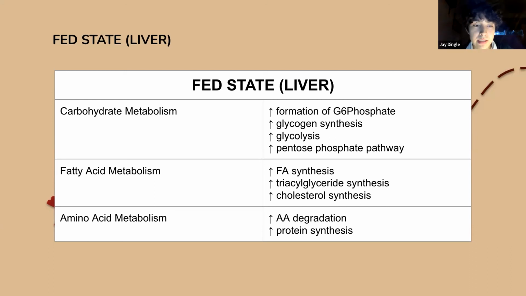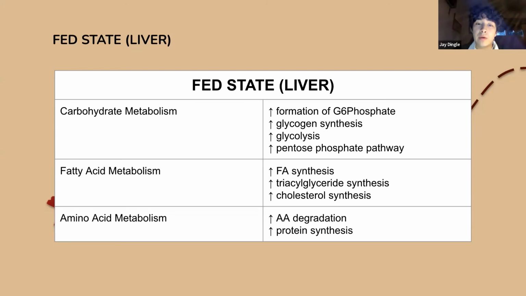And because of this, the fatty acids and the glycerol that you obtain from your diet will then be transported to the adipose tissue via very low density lipoproteins, so VLDLs, and stored as triacylglycerides, which is why we have increased triacylglyceride synthesis. Any excess amino acids will be degraded as they can't be stored in the body.